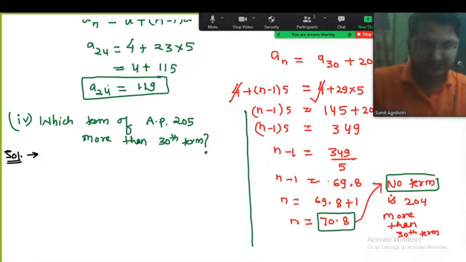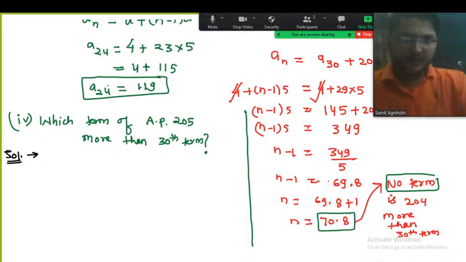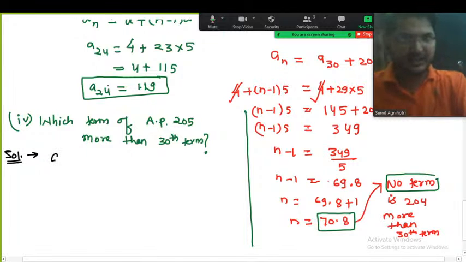If my question is a bit changed and I ask you to answer, can you now answer this? Which term of the AP is 205 more than its 30th term?